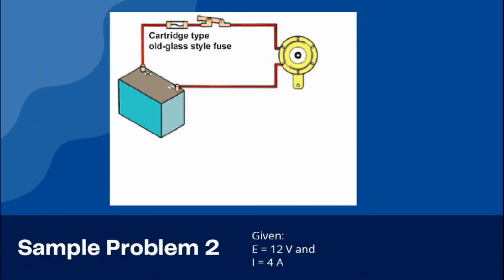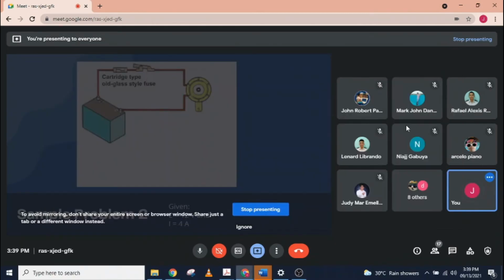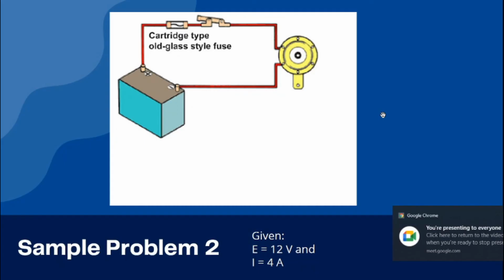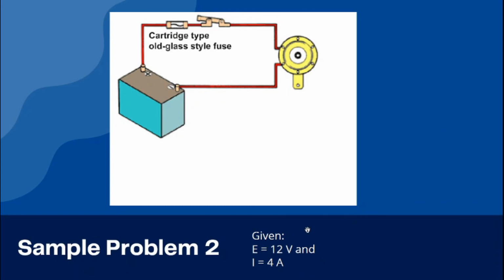Now, let's go to this sample problem number 2. So here, class, we have this horn, serbato sa motor.